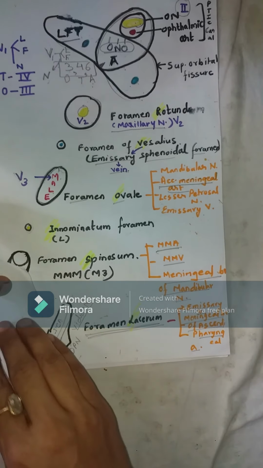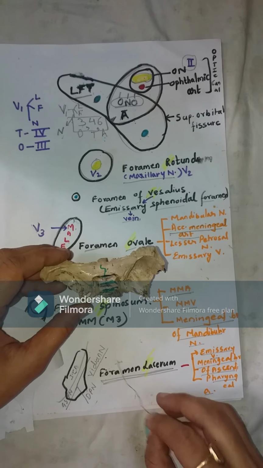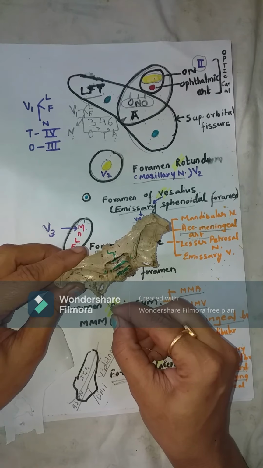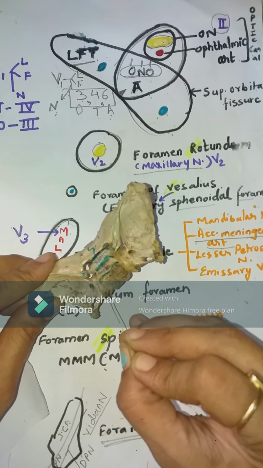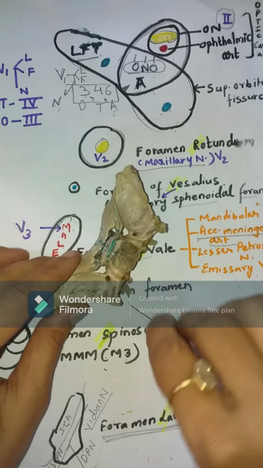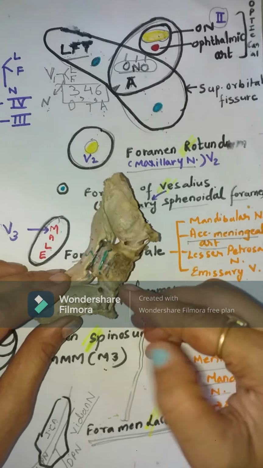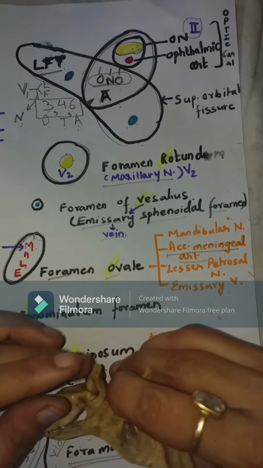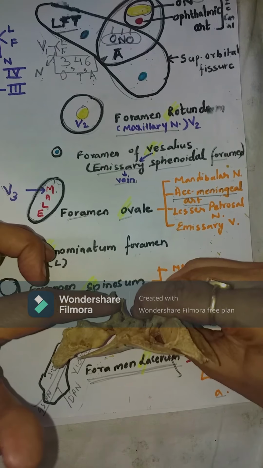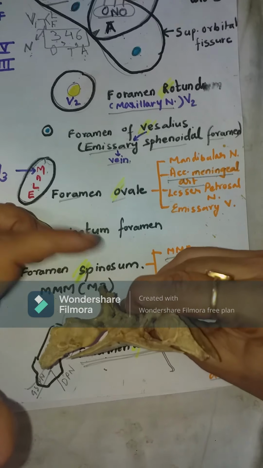Let me show you the pterygoid canal. Now see, this is the location of the foramen lacerum. And just medial to it is the pterygoid canal, and I will pass a wire through it. Yes, I will pass a wire through it, and this wire will open in the posterior wall of the pterygopalatine fossa. This is the pterygoid root, pterygoid plates, right?